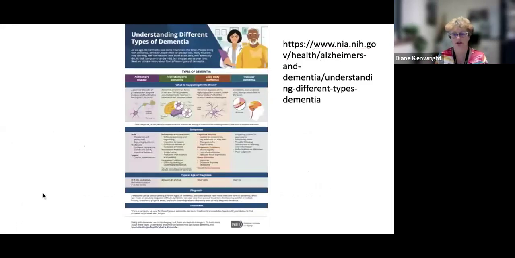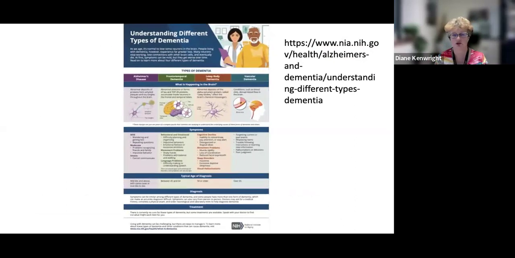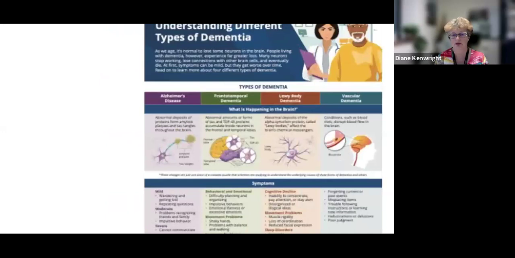I have found this really, really useful diagram here, and this is where you get it from. And if we can zoom in on it, here we go. All right, understanding different types of dementia. So here they are compared: Alzheimer's, frontotemporal, Lewy body dementia, vascular dementia.